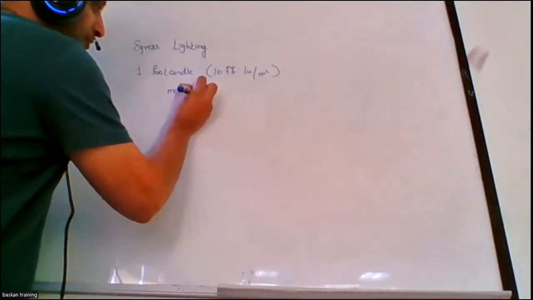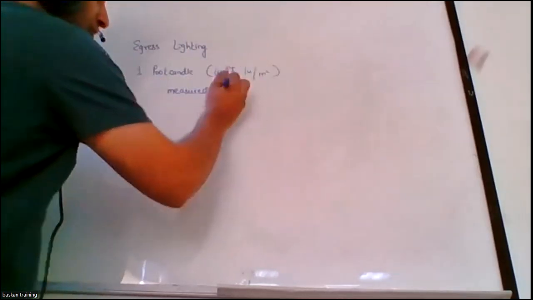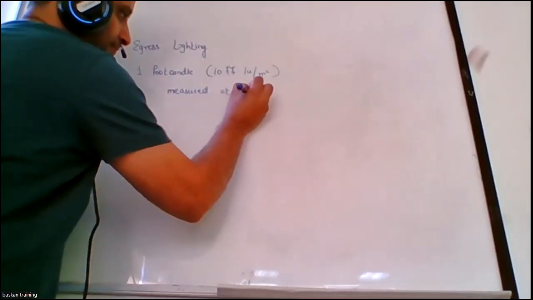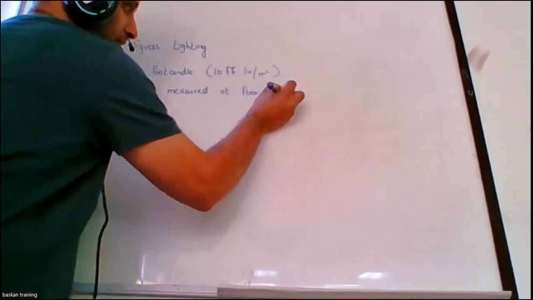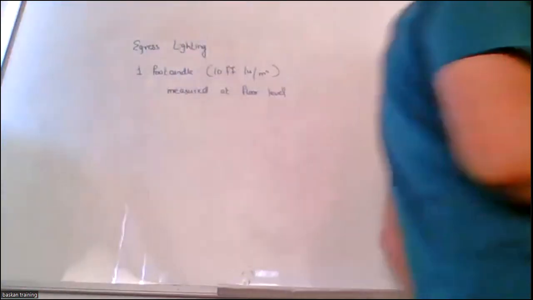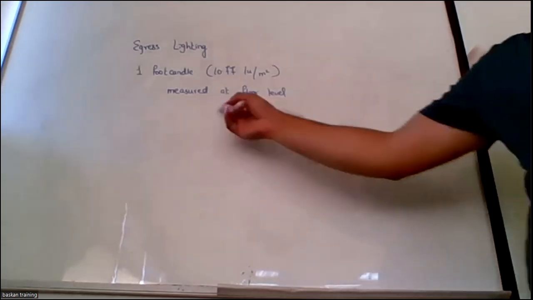Whenever we have to do a measurement for lighting or anything in the site, it is always at the floor level. Above or beyond has no concept of measurement. So it is always measured at the floor level.